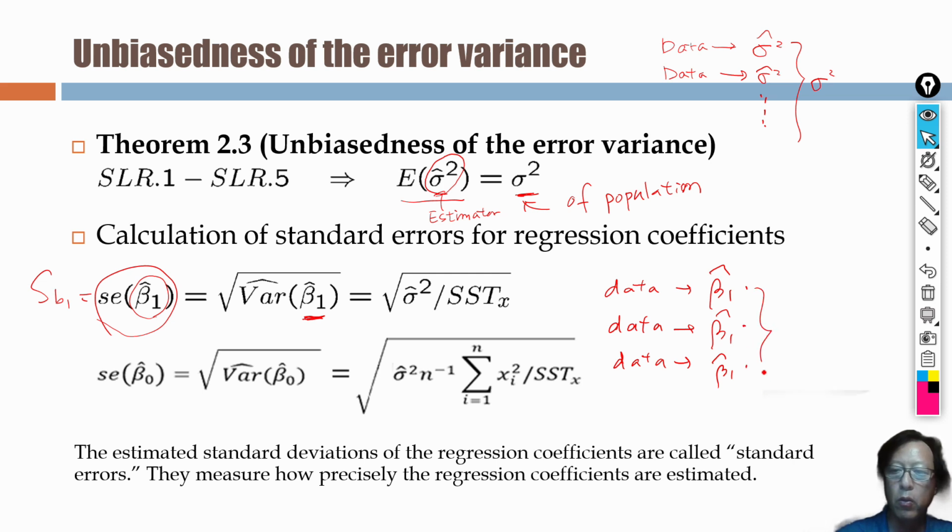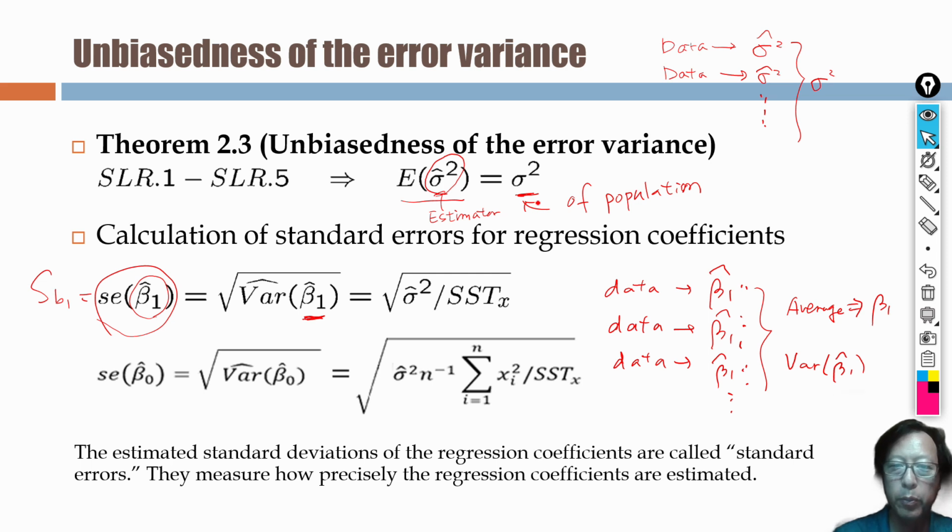So we know the average will go to the real beta 1, which is the population regression coefficient. And since these are all different numbers, what would be the variance of this one? That's this one. This is the variance of beta 1 hat.